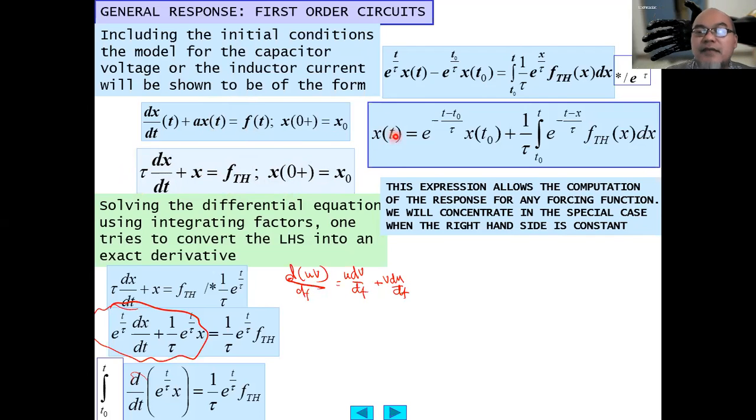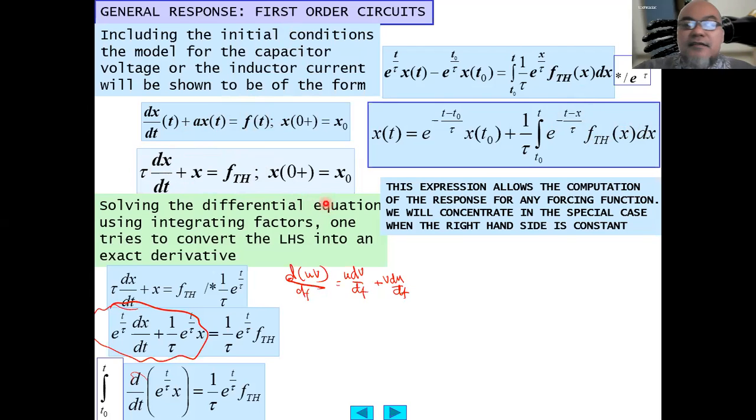Then the solution will be x(t) equals exponent minus (t minus t0) over tau x(t0) plus 1 over tau integral from t0 until t exponent minus (t minus x) over tau f(x) dx. So this expression allows the computation of the response for any forcing function. The forcing function here is f. Initially it was f(t), but after we re-express it in this form, it becomes f(x), the forcing function.